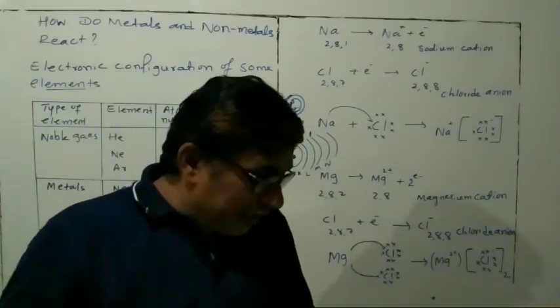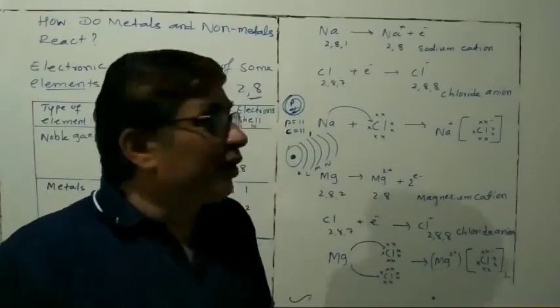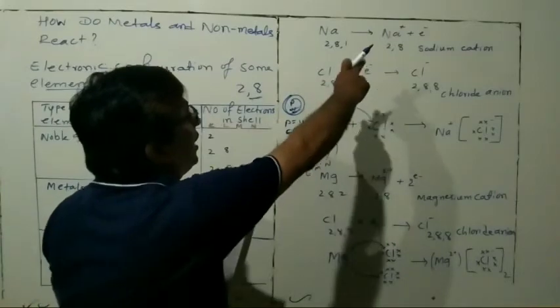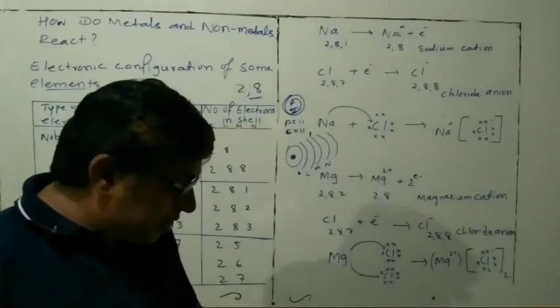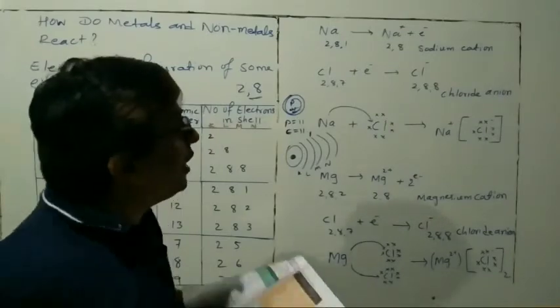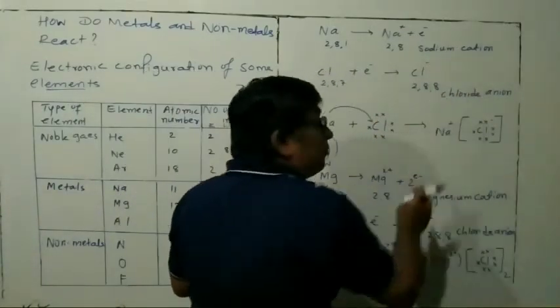So there is a net positive charge, giving a sodium cation.